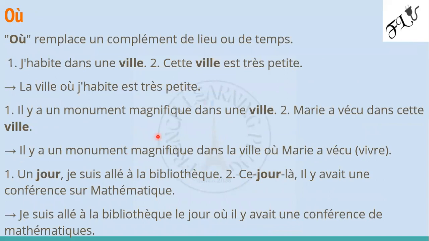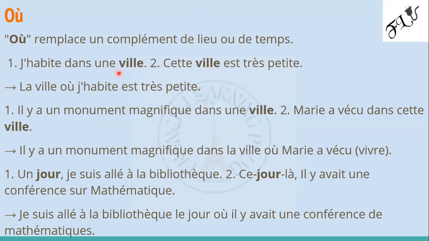Où. Où remplace un complément de lieu ou de temps, a complement of place or time. All right, let's look at this. J'habite dans une ville. Cette ville est très petite. Ville is repeated twice.